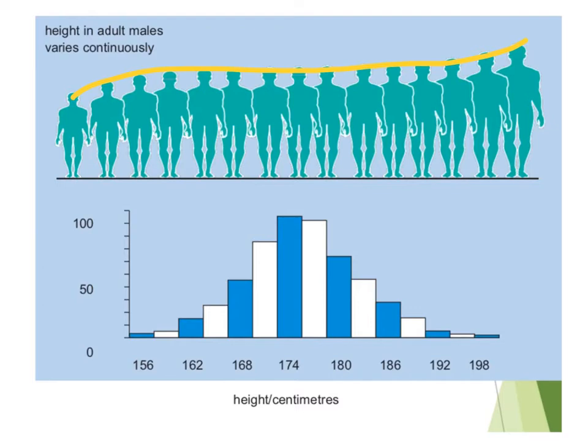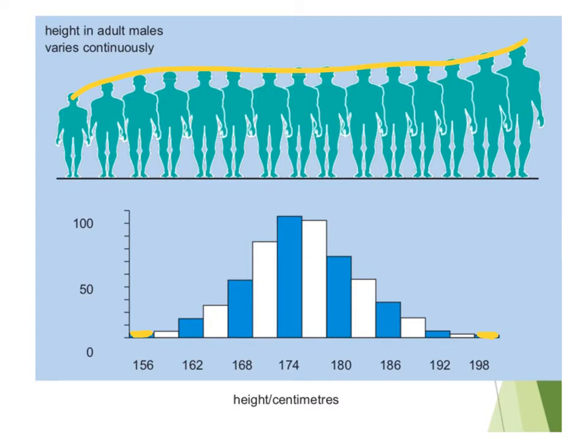And if you were to then do a frequency chart, where you work out how many people are 150 to 156, you'd have a small number of very small people there, a small number of very tall people at the other end, and then in the average height, you'll have most people. So most people will be of average height.